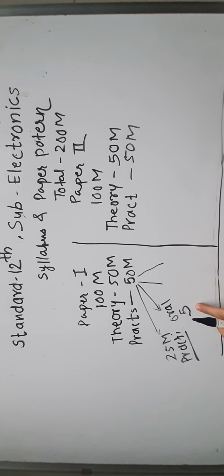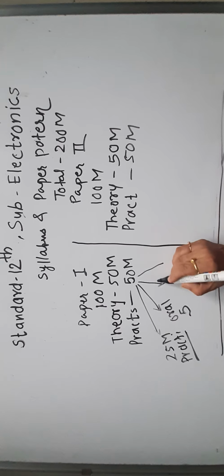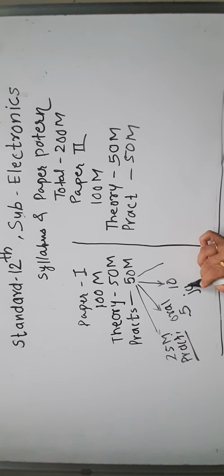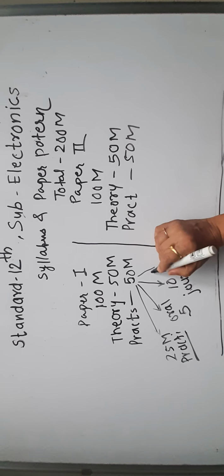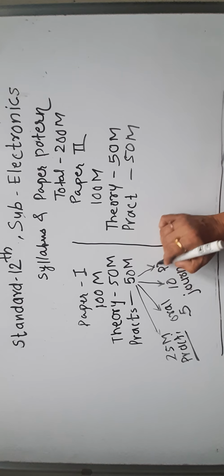That makes 30. Now the remaining 20 marks are distributed in two parts. 10 marks for journal, or we call it practical book, and the remaining 10 marks for project.